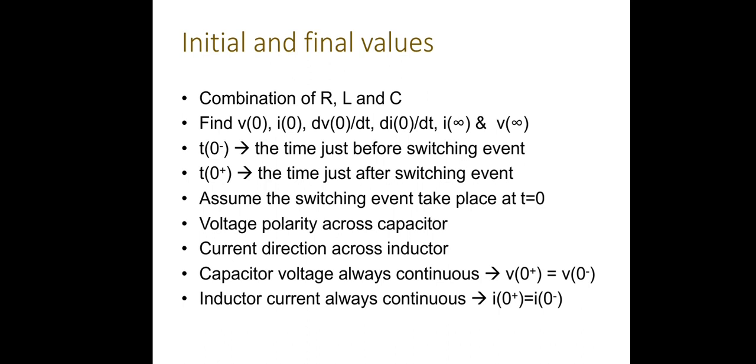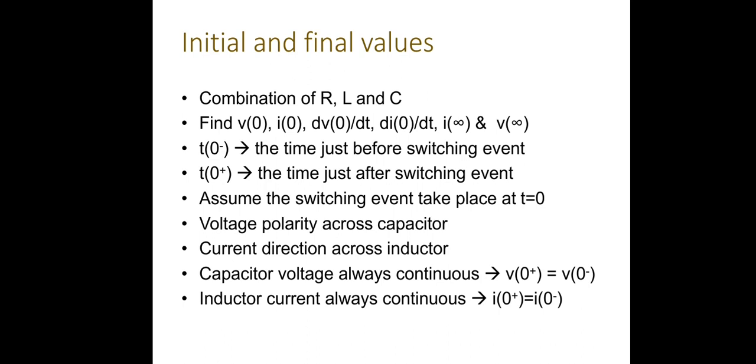Just to understand, t equals 0 minus is the time just before the switching event. If 0 is the reference level, before the 0 we call it 0 minus, just after the 0 is 0 plus, and after some time it tends to infinity.